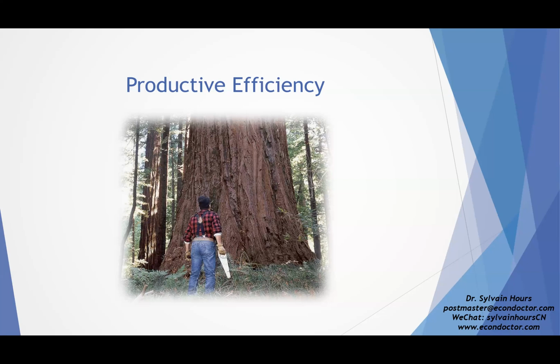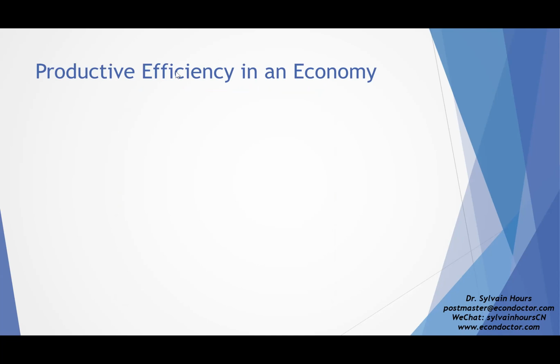And even though the idea is pretty much the same, no waste, producing at the lowest cost, the definitions are different. So it's important that you remind your students, if they want to define productive efficiency, to always indicate whether they are talking about productive efficiency in the economy or in a firm.